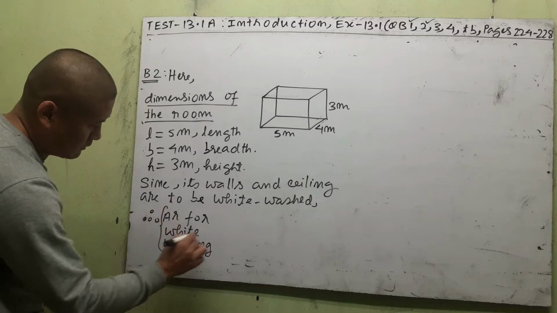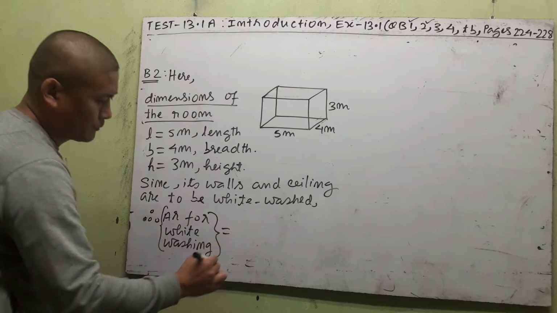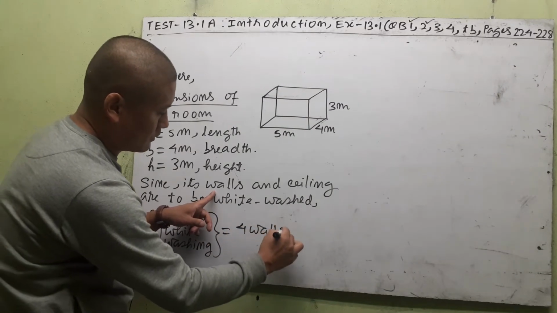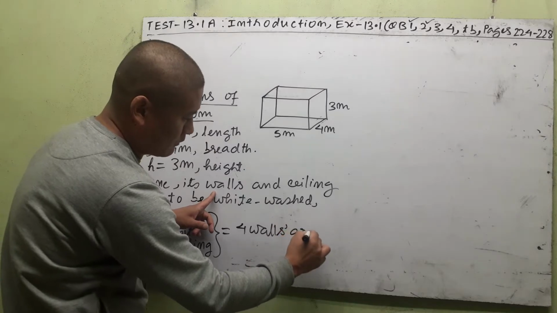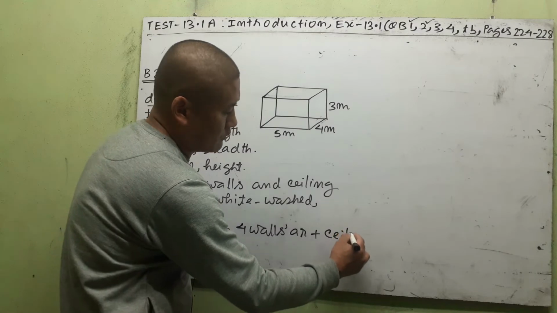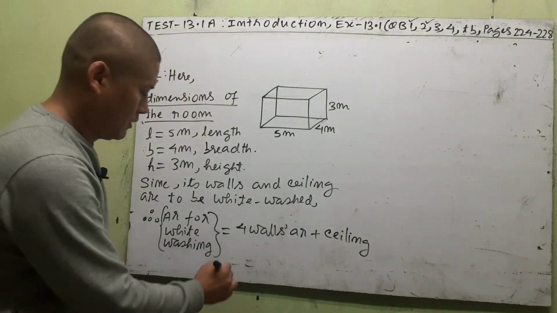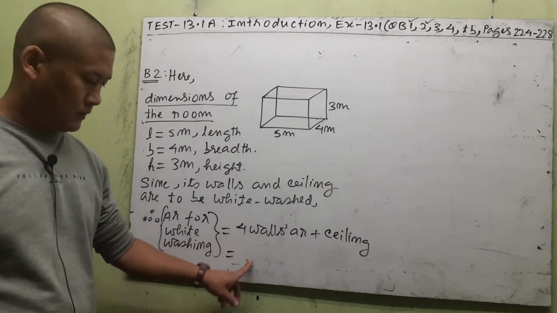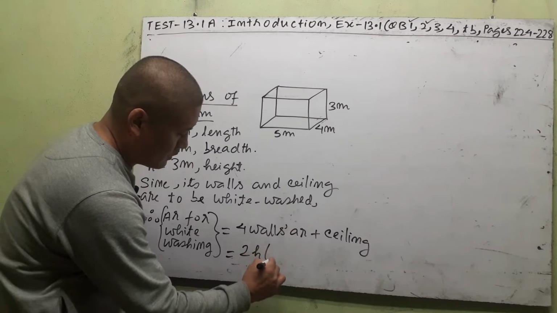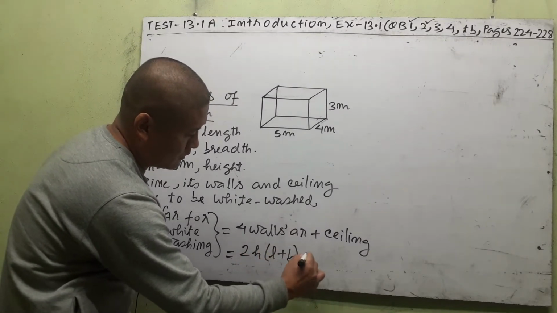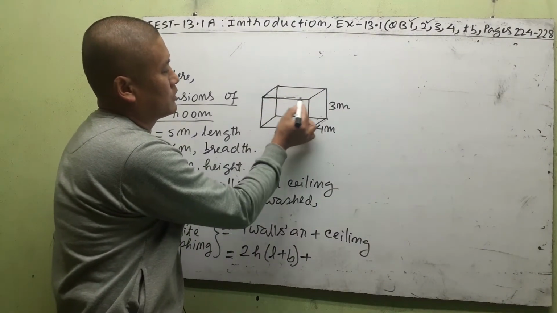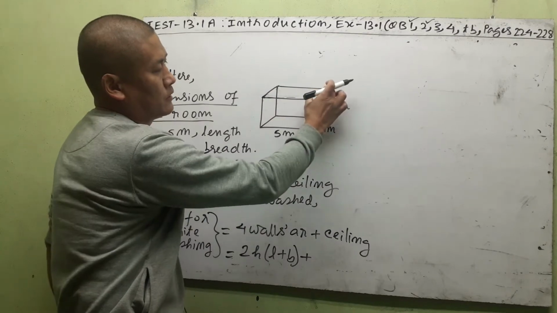Area for whitewashing will be equal to, the clue is from here, 4 walls to be whitewashed, area plus ceiling. We don't whitewash the floor, so only these walls and the ceiling. Now we know from our previous class that the formula for the area of the walls of a room or cuboid is twice h into L plus B, plus the ceiling, which is this portion at the top. This measurement is equal to this length, and this is the breadth 4.